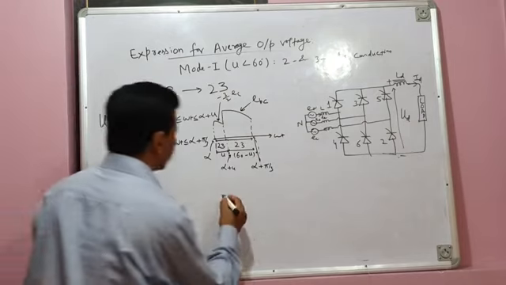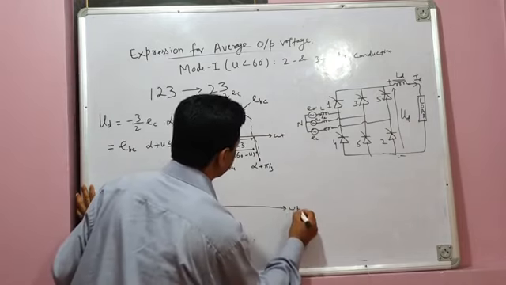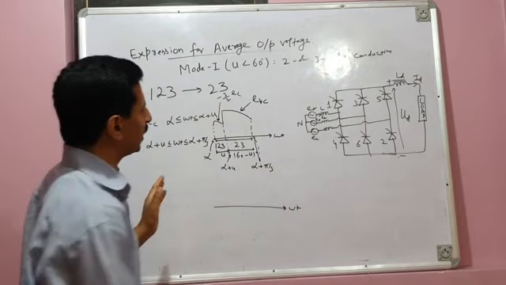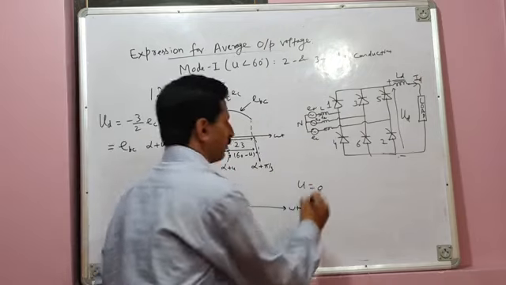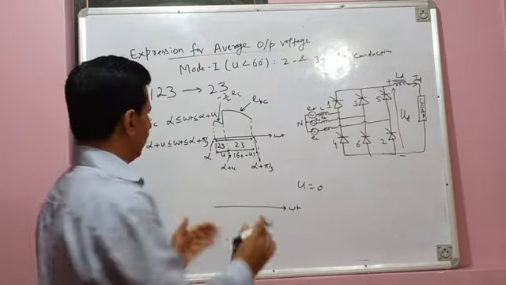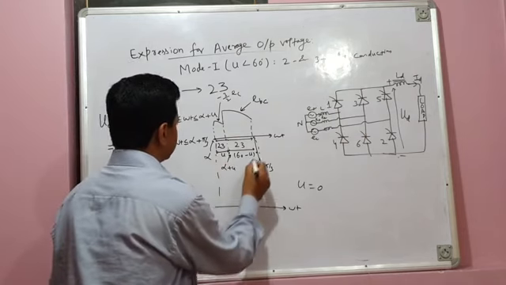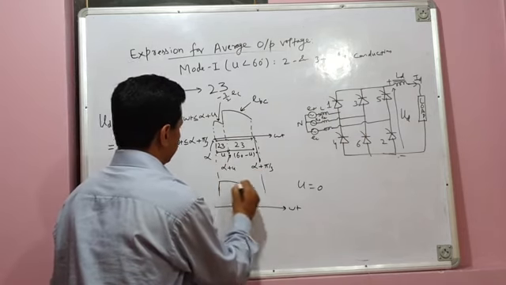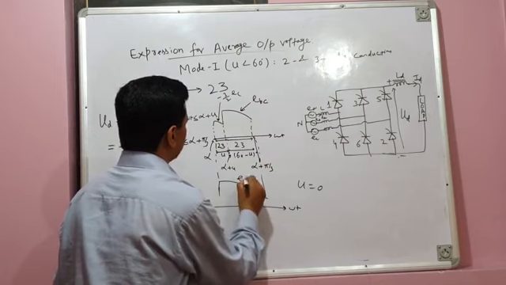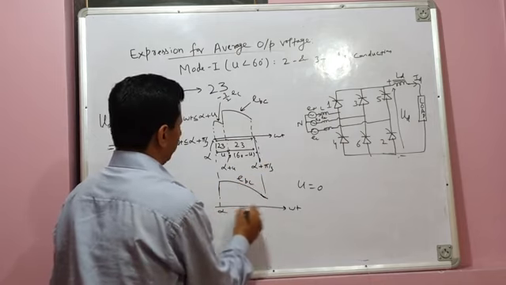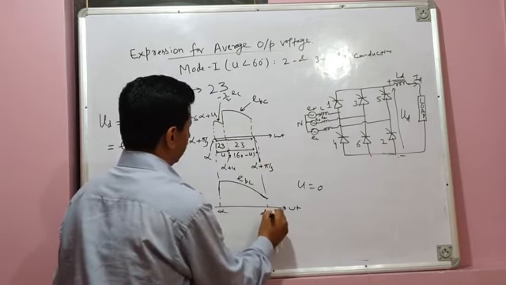So for 2 valve conduction, for example, if U was not considered, that is U was equal to 0, there was no commutation overlap, our output voltage would have been EBC all throughout, from alpha to alpha plus pi by 3.